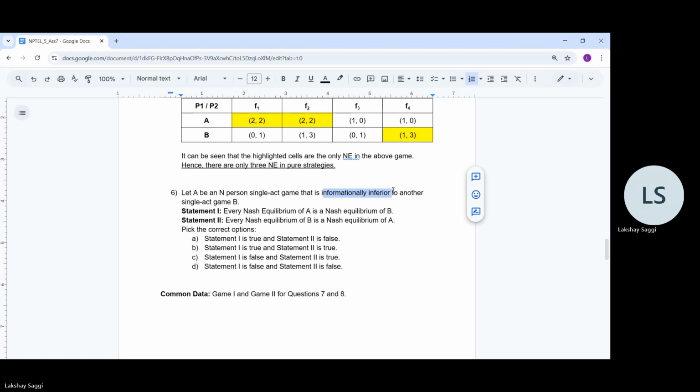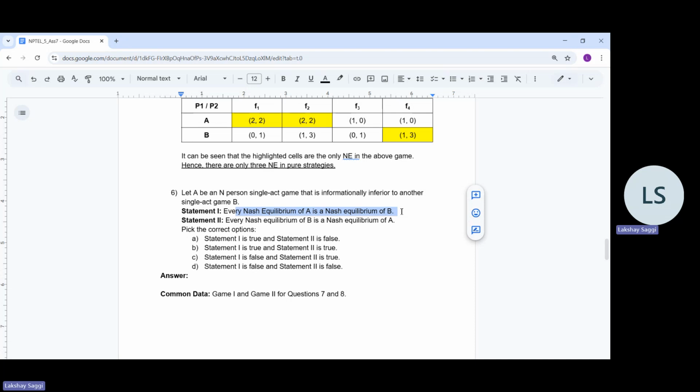One might think of this as the information sets of the game B are just a refinement of information sets of the game A. I don't want to get into definitions again since these have been discussed in the lectures. So the problem asks us which of the following are the correct options. Statement one says that every Nash equilibrium of A is a Nash equilibrium of B.